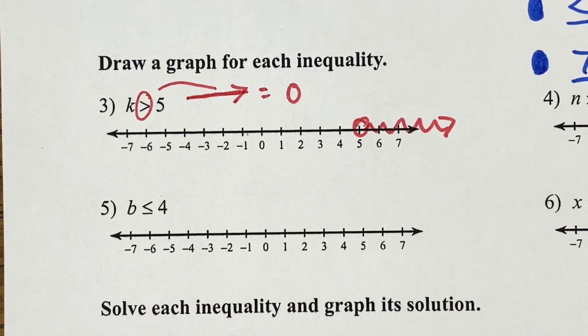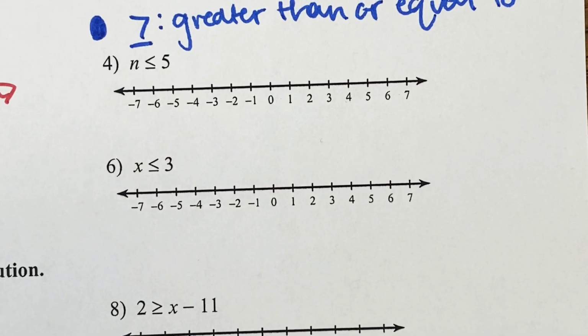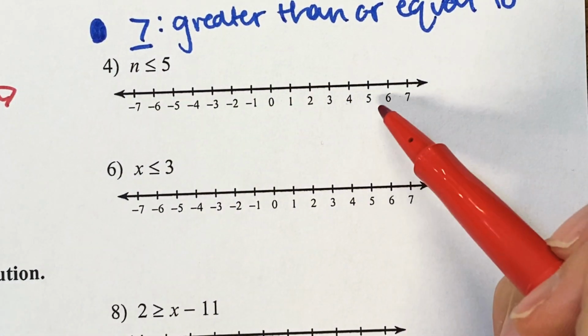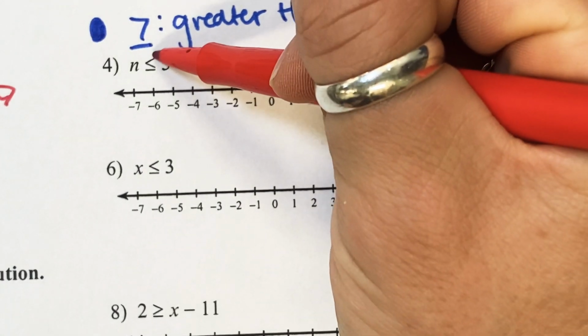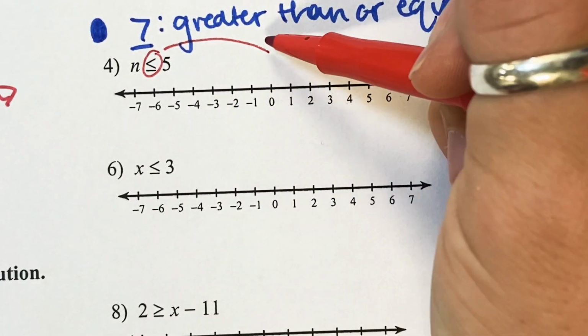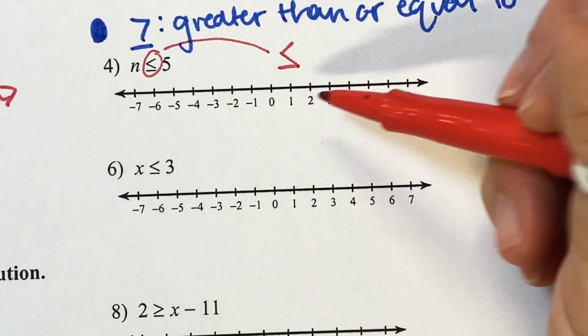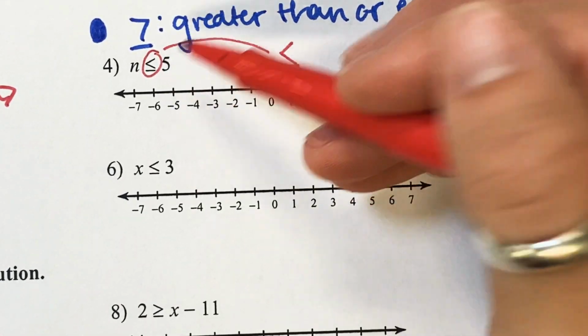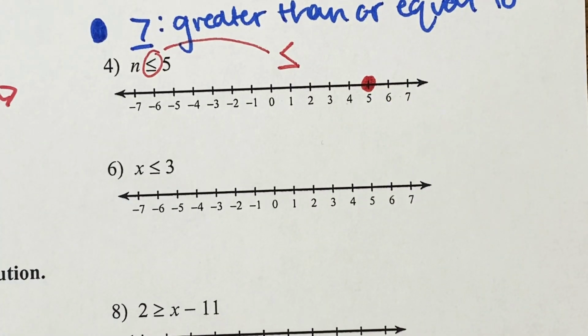Okay, let's look at number 4. Look at your number, again, it's 5. So I'm going to put some type of point at 5, but this time it is greater than or equal to. That little extra line tells us closed dot. So it's a closed dot at 5.